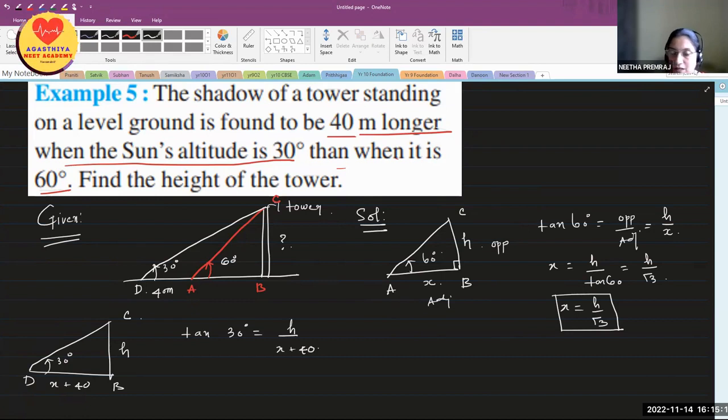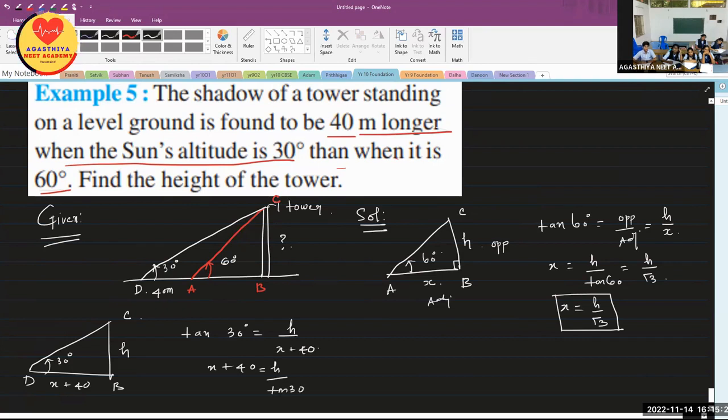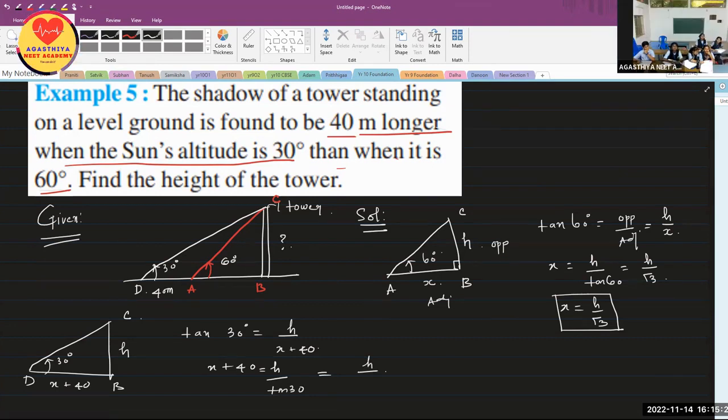So x plus 40 is equal to h by tan 30. Tan 30 is what? 1 by root 3, isn't it?